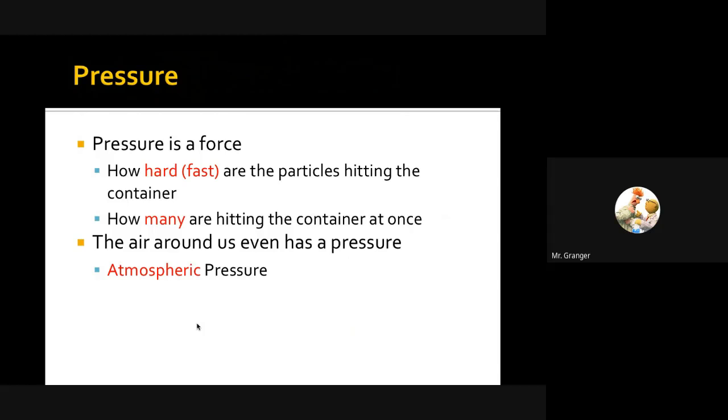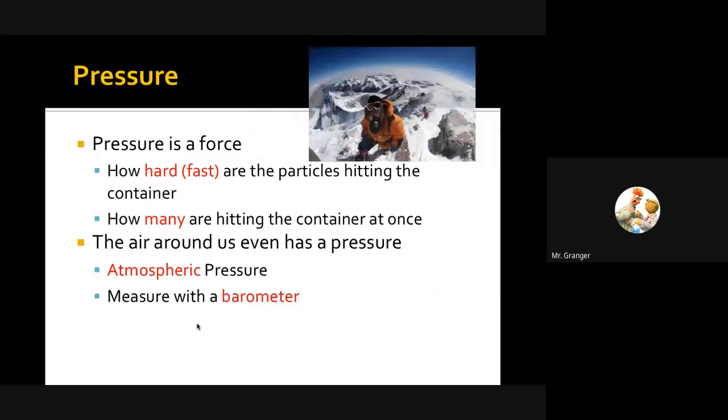The air around us even has a pressure, atmospheric pressure, right? So atmospheric pressure is measured with an instrument called a barometer. And barometer measurements are used to predict the weather. And you may have heard a weather person talk about this if you've watched a weather forecast. Sometimes they'll say the barometer's on the rise or the mercury's falling.